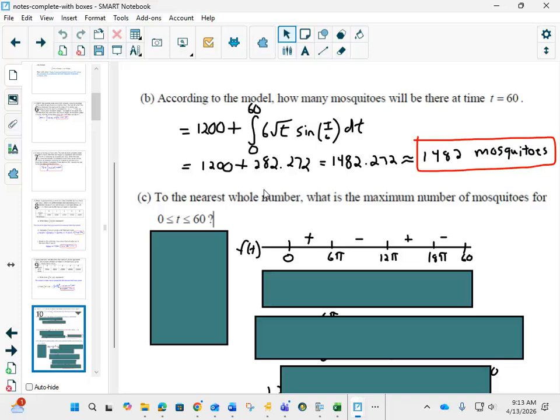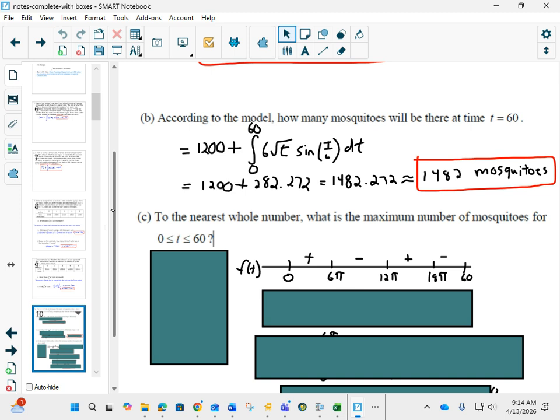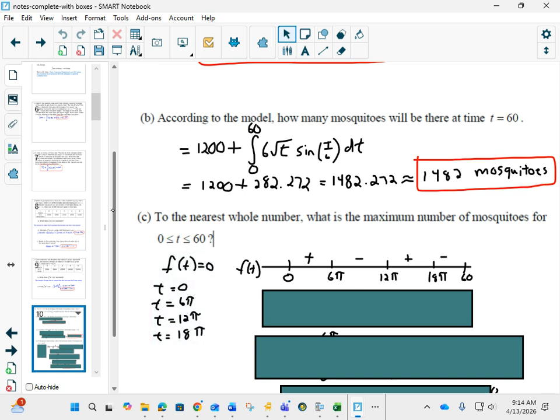Where could this be a maximum? So what I've got here is places where things are equal to 0. If we solve when it is equal to 0, that's going to be at time 0, at 6 pi, at 12 pi, and at 18 pi.